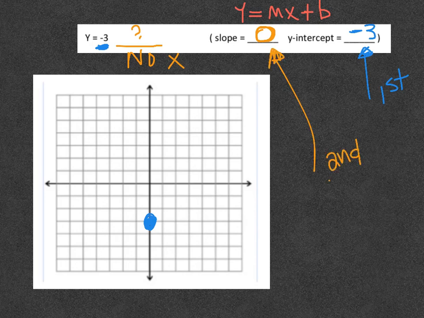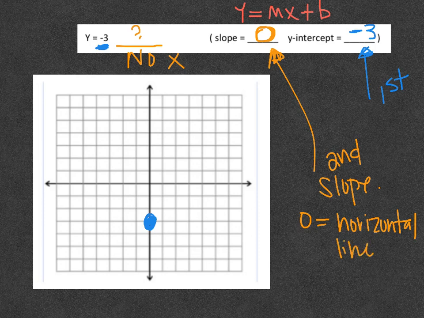Second step is your slope. This slope says 0, so all I need to do is draw a horizontal line going through the dot that I've already made.